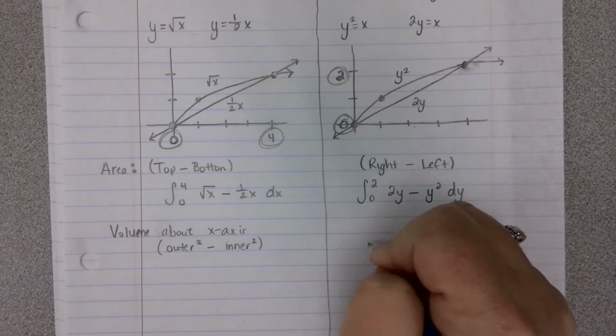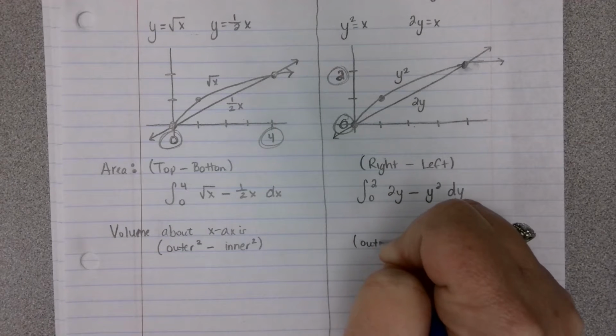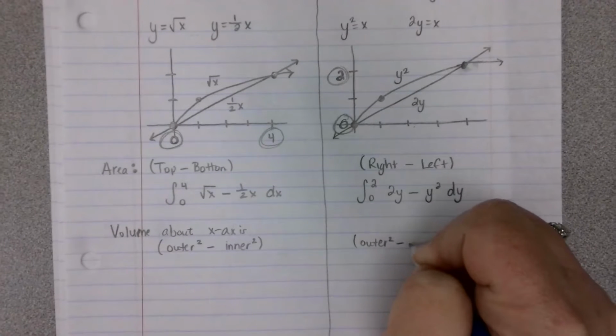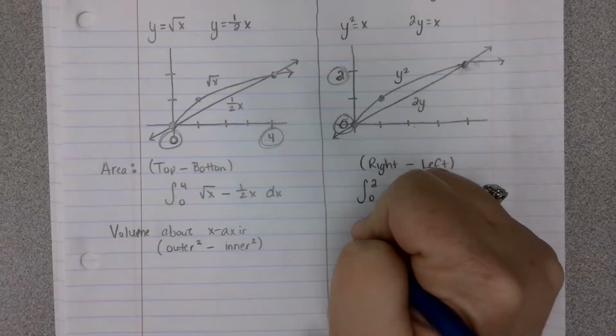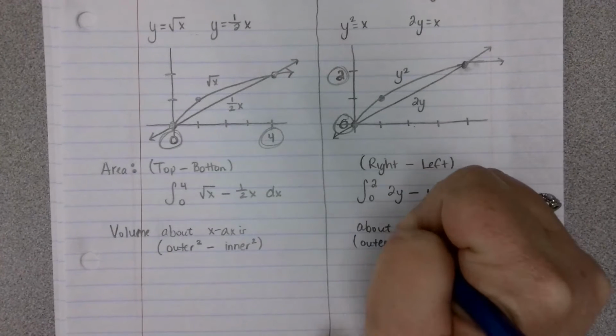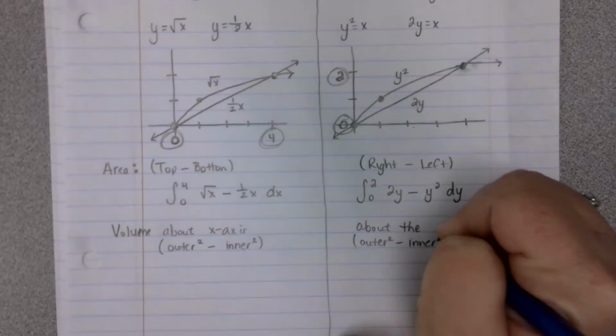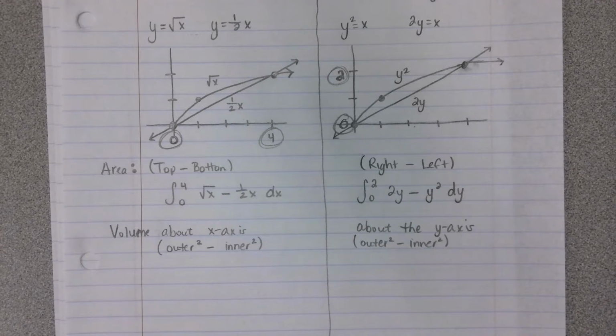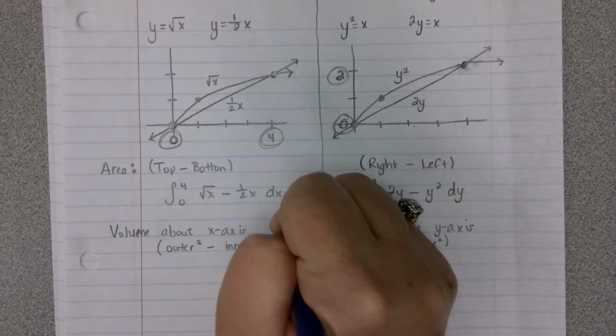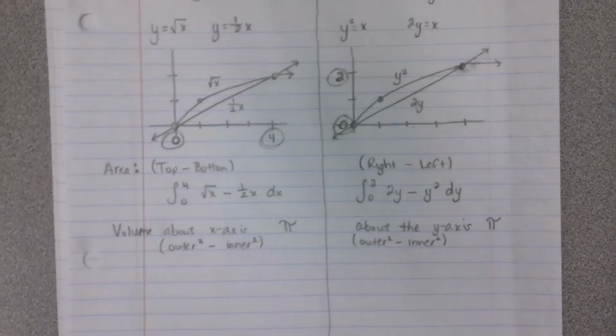And that's going to be over here as well, outer squared minus inner squared. And this would be about the y-axis, okay? You also need to remember that pi needs to be in when you rotate.